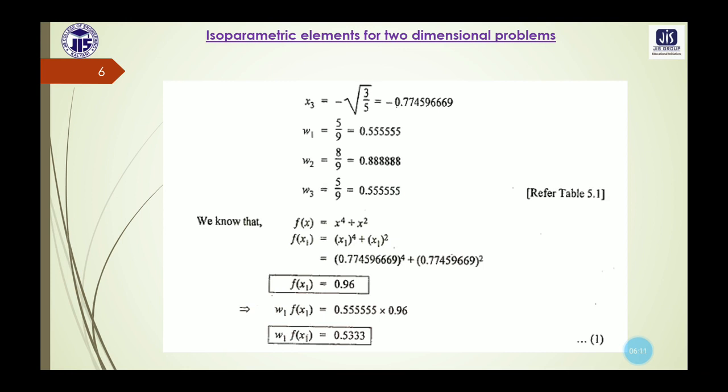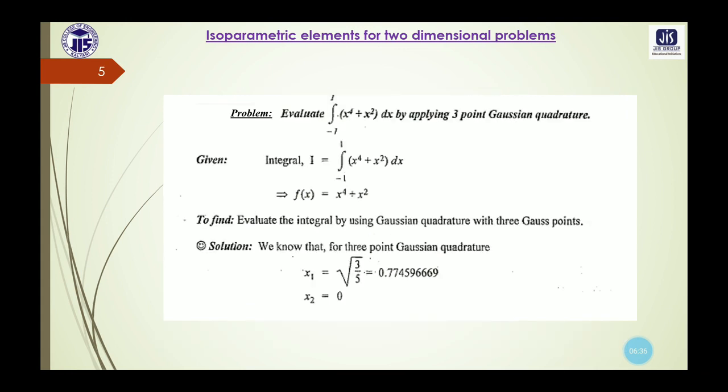Now the integral which is given here, f(x), is x to the power 4 plus x square, the function here. So f(x1) can be calculated as x1 to the power 4 plus x1 square. Now the value of x1 we have already identified from the table, which you can see in the earlier slide, where x1 is given as plus root under 3 by 5.